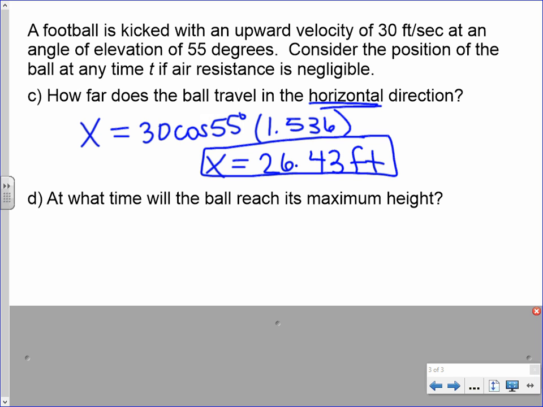Well, if it's a parabola, it's symmetrical, so you could take half of x and then do your middle, and you could use that to find the y. Okay, so basically, if it takes 1.536 seconds to go from ground to ground, you're saying we could just cut that in half? Yeah. Okay.